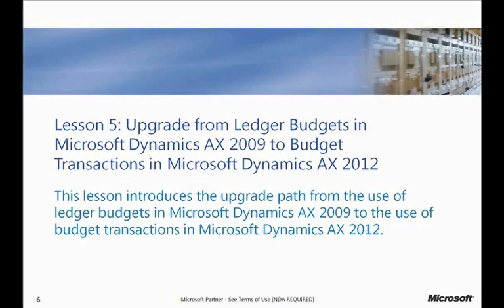As a result, the existing ledger budget tables will be removed in Microsoft Dynamics AX 2012. This lesson describes how ledger budget records from Microsoft Dynamics AX 2009 will be updated to budget transactions after the upgrade. In Microsoft Dynamics AX 2012, the upgrade procedures for budgeting involve pre-upgrade scripts and post-upgrade scripts.